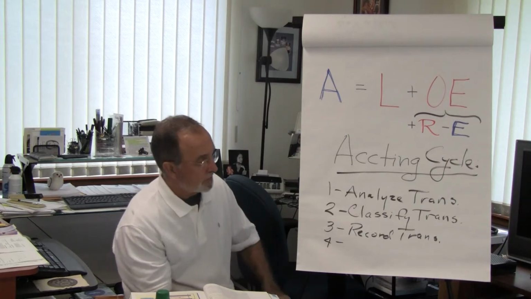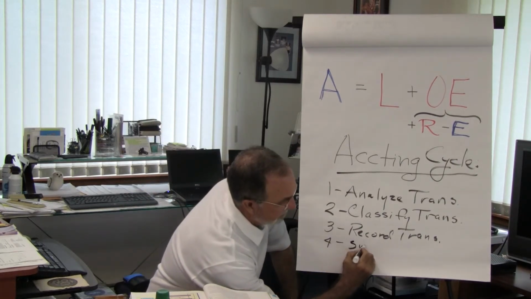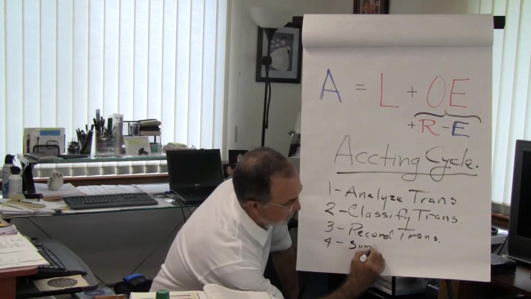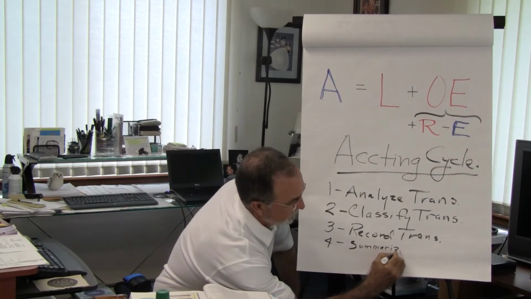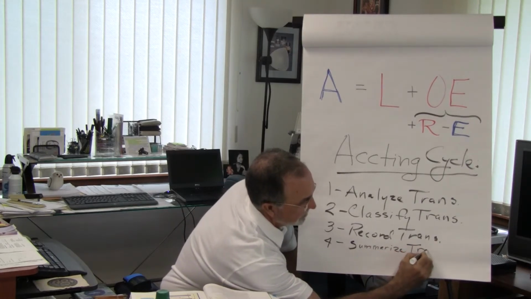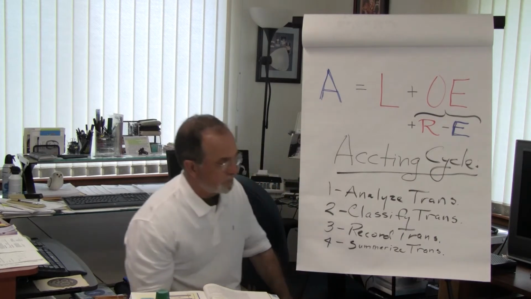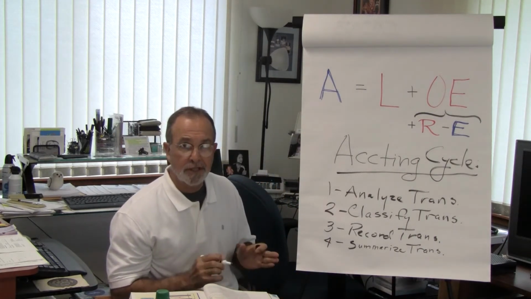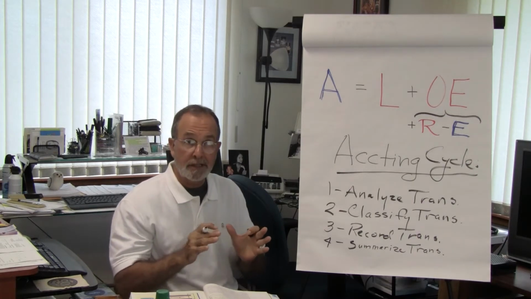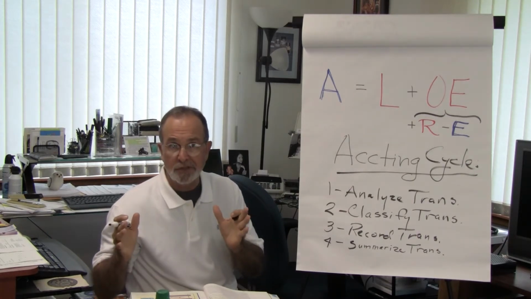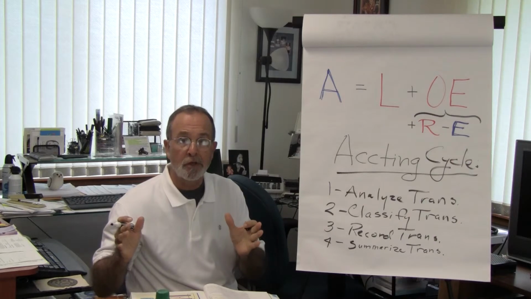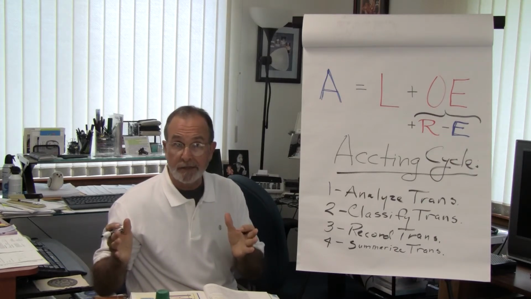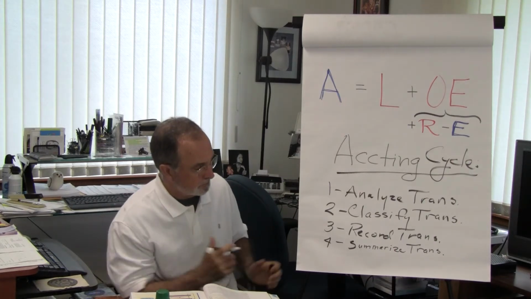Then we can record it, and following the recordation process, we would then summarize our transactions. There are a number of steps involved in summarizing transactions, and ultimately, the last summarization is in the form of our final product, which is our financial statements.